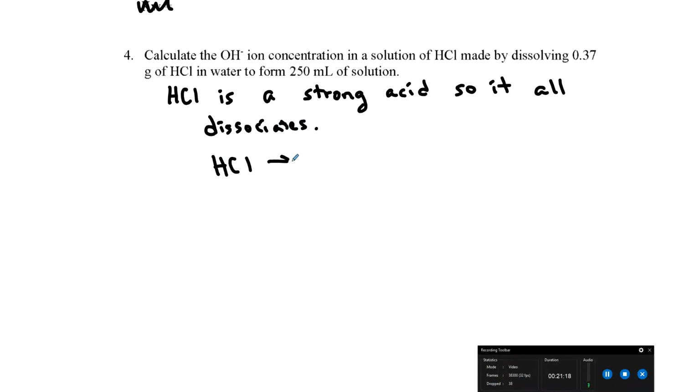HCl dissociates into the H plus and the Cl minus ion. This is important because if we figure out the concentration of the hydrochloric acid, based on how many grams are in a 250 milliliter solution, whatever the concentration of HCl is will also be the concentration of the hydrogen ion.